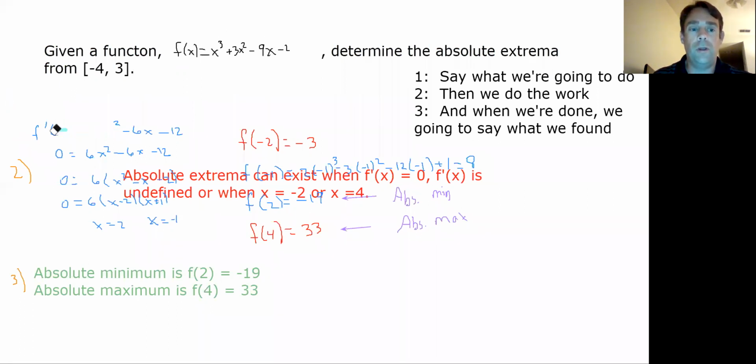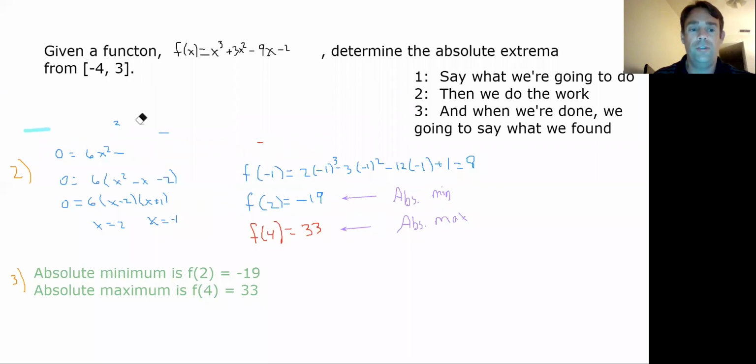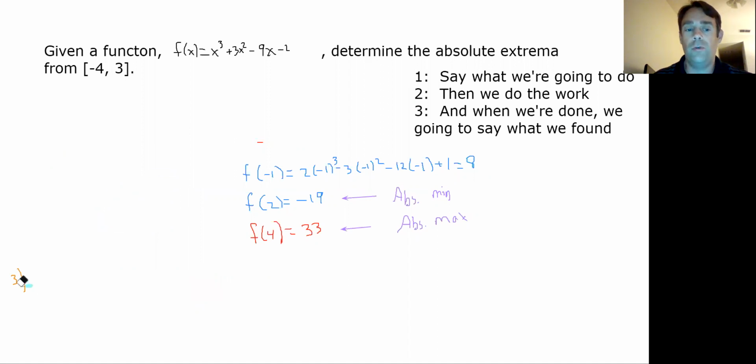All right, friends, so this is what you're going to play with here. Go and pause the video, make sure you explain what you do along the way, and see if you can figure out the absolute extrema.